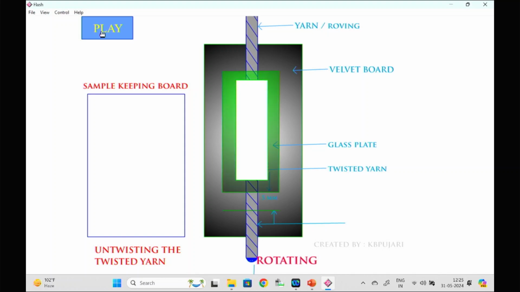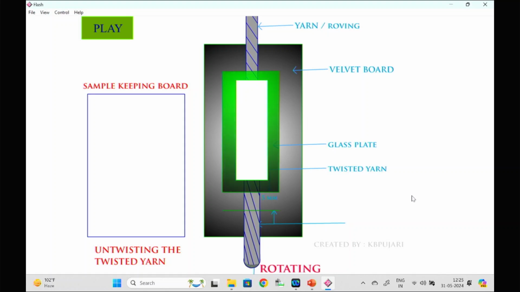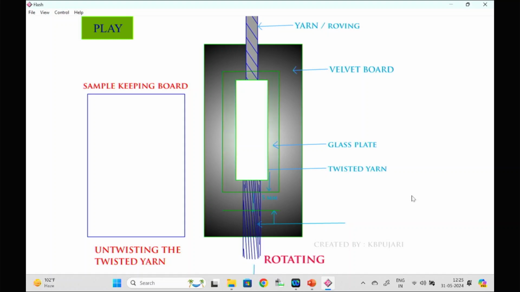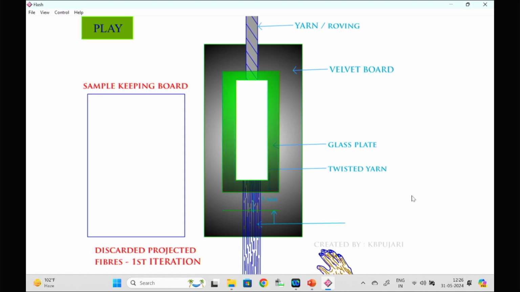First you rotate the tip to make it untwisted, untwisting the twisted yarn, and then it becomes parallel. Then we discard some small portion from the tip, similar to the earlier process.